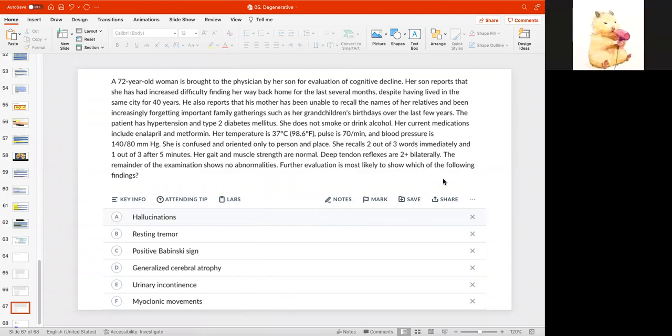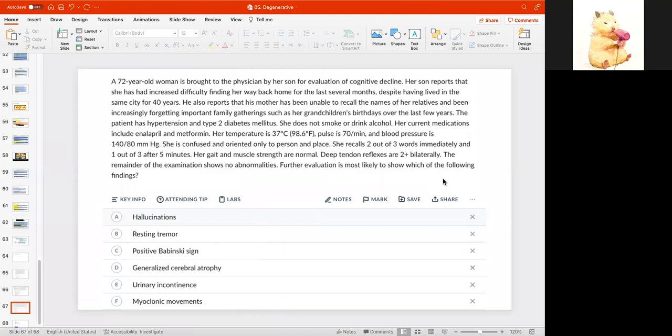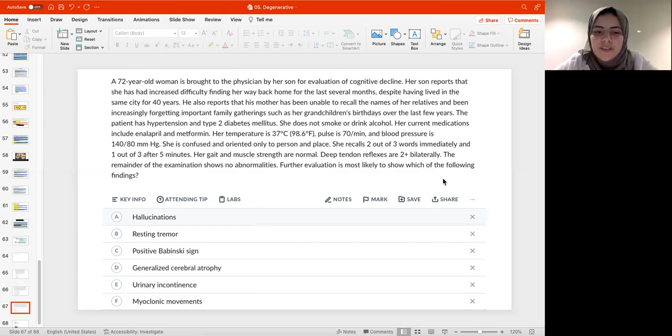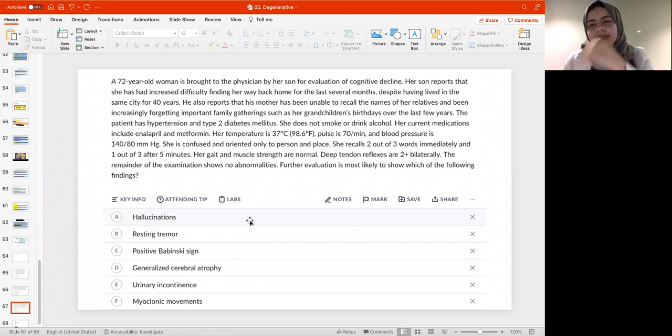Is it D? Generalized cerebral atrophy? I think it's D or A. The hallucinations, yeah. Okay, you're close. Does anyone else want to try? Okay, so why do you think it's D or A? What do you think she has? She has Alzheimer's, which I believe presents with both at different stages.